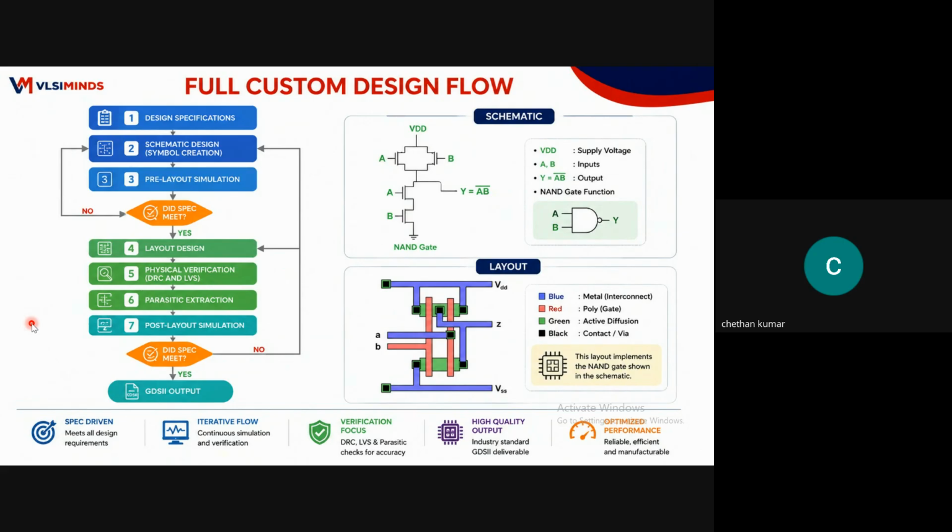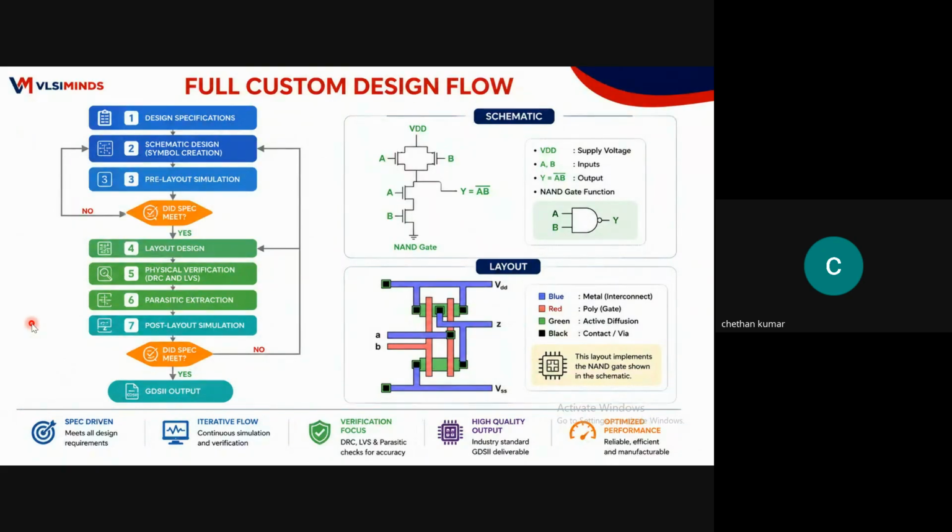It is checked and verified continuously at all stages, both at the pre-layout stage and at the post-layout stage. At each stage we check all the DRCs. The main requirement, or goal, is to get a good quality output, that is the GDS extraction, which is sent to the foundry, so that we get a more reliable and efficient manufacturable chip.